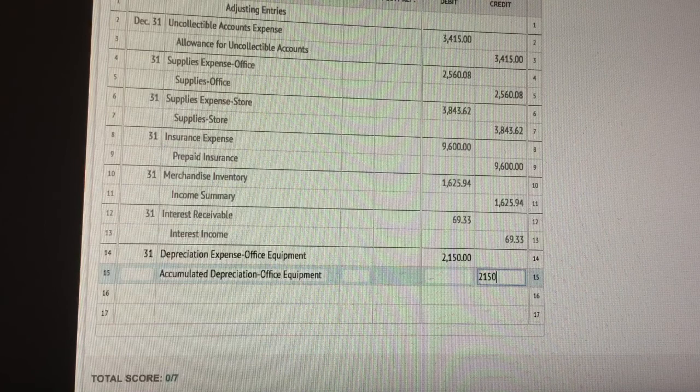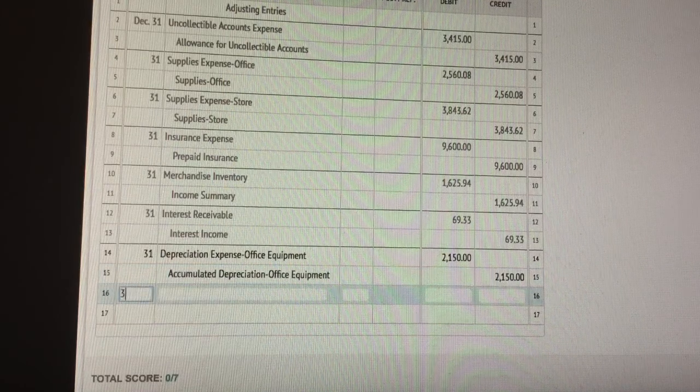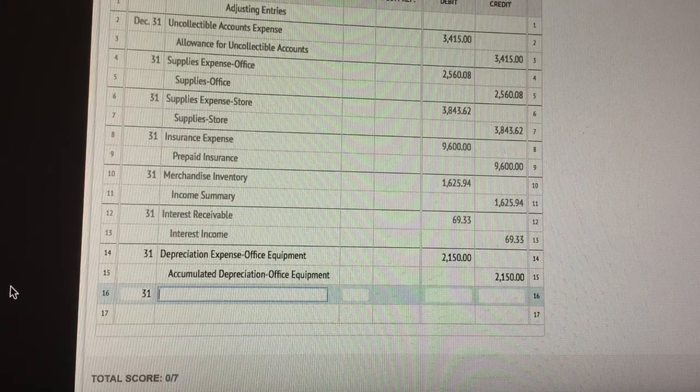The second transaction is also going to be on the 31st. This is for the store equipment of 7440. So the account actually looks extremely similar, but you have to remember that one is an office equipment and one is a store equipment. So one could potentially be a plant asset and one could be a current asset. They could serve different values.